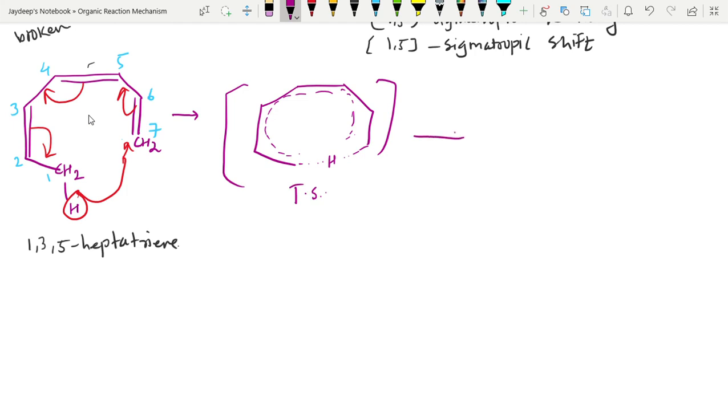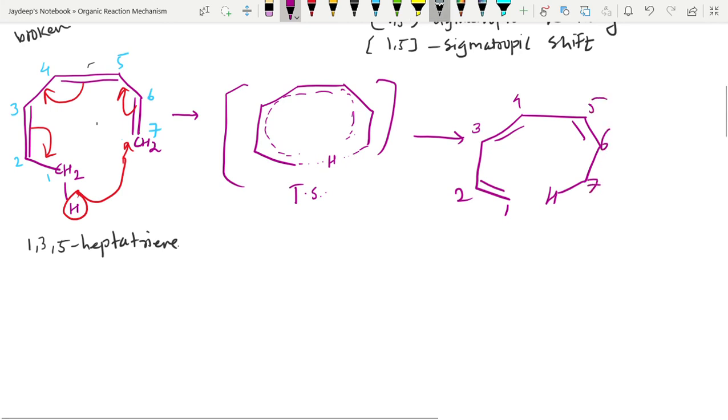This transition state collapses into the product. This is hydrogen, the bond is here, and the numbering starts here: 1, 2, 3, 4, 5, 6, and this is 7. If you look at the position of hydrogen, in the starting material it is at position 1, while in the product it is at the 7th position.